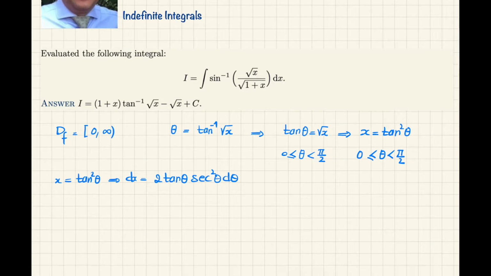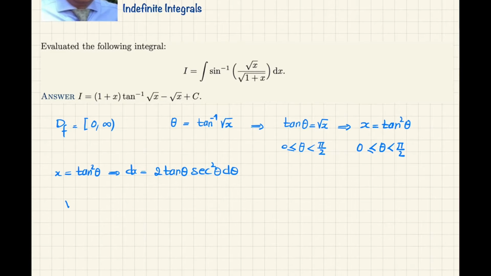And then what happens to the square root of x divided by the square root of 1 plus x? This becomes tangent theta divided by the square root of 1 plus tangent squared theta. Instead of the square root of x, I put tangent of theta, and instead of x, I put tangent squared theta.